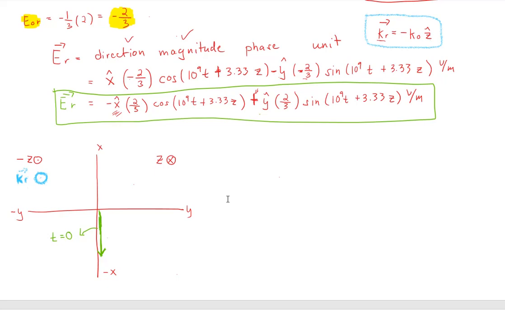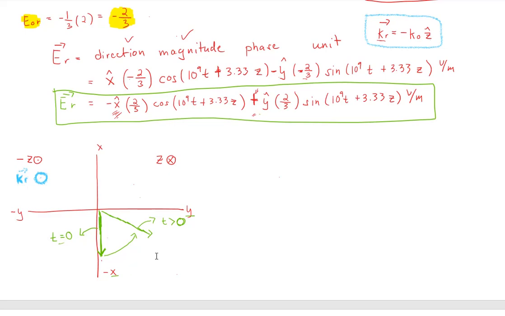So now that we know that it's going from negative x direction, which is this, going to positive y direction, we know that it's going to be moving that way from negative x to positive y. Alright, so if this is our t equals 0, this is our t greater than 0.